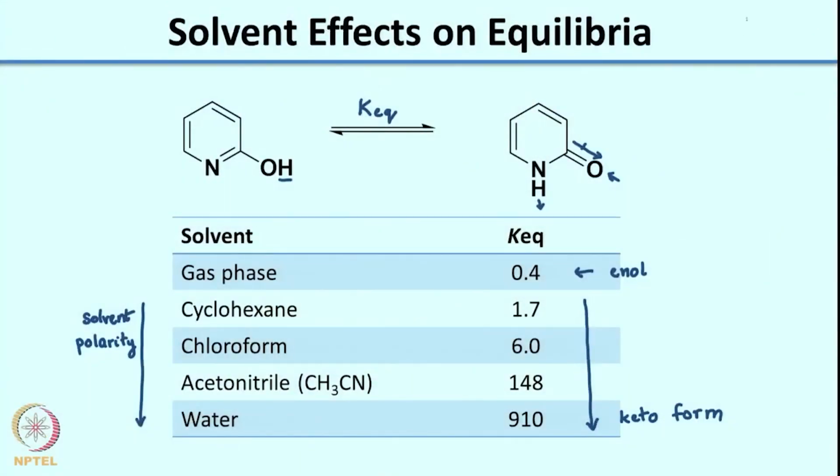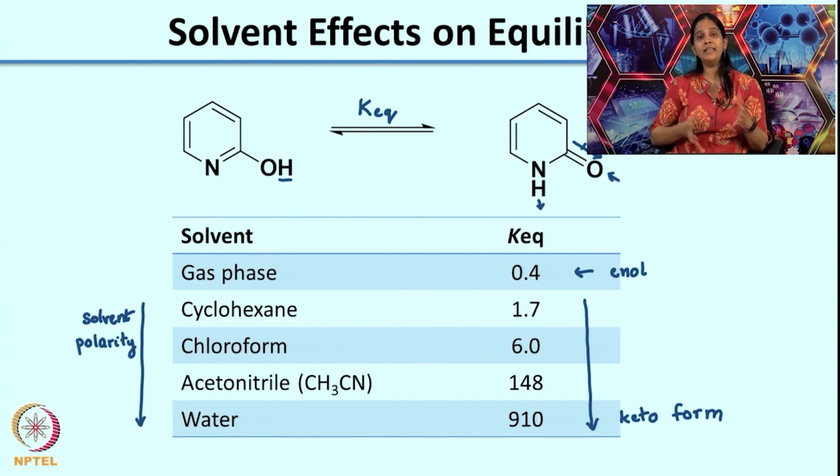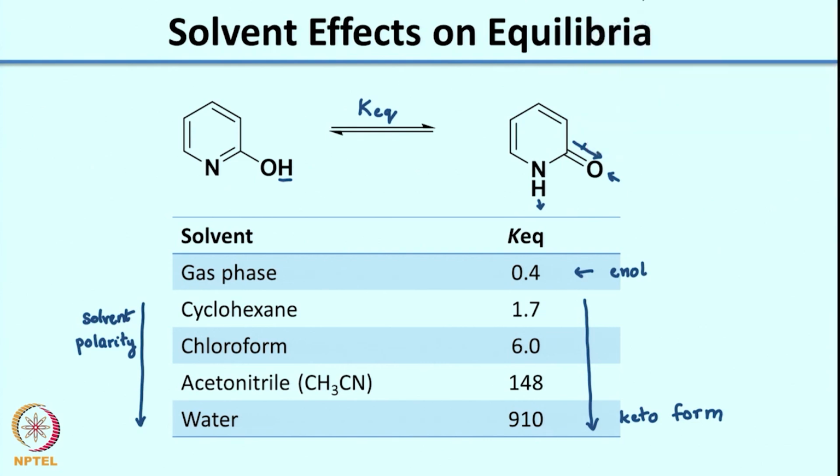So, what you see is that solvent can have a drastic effect on the equilibrium constant. You are talking about a complete shift when you go from gas phase to solution phase, and even in the solution phase you are seeing an increase in the equilibrium constant as you increase the solvent polarity. So, this is an example of how the solvent can shift an equilibrium for a particular transformation.